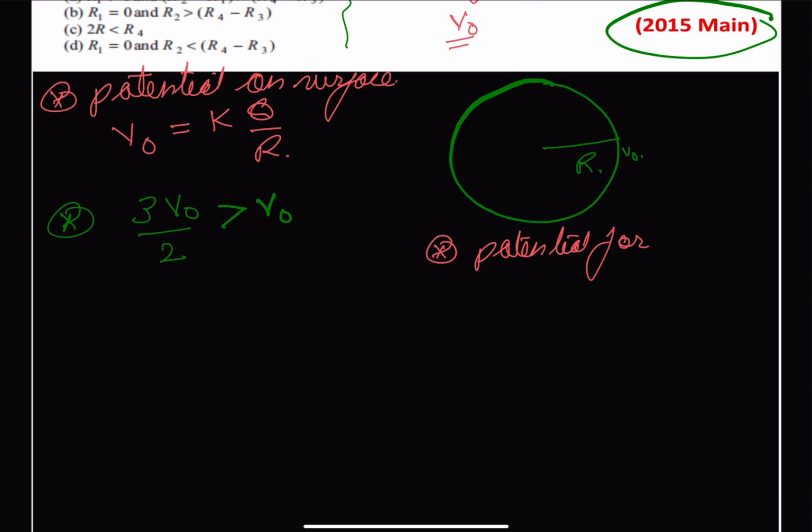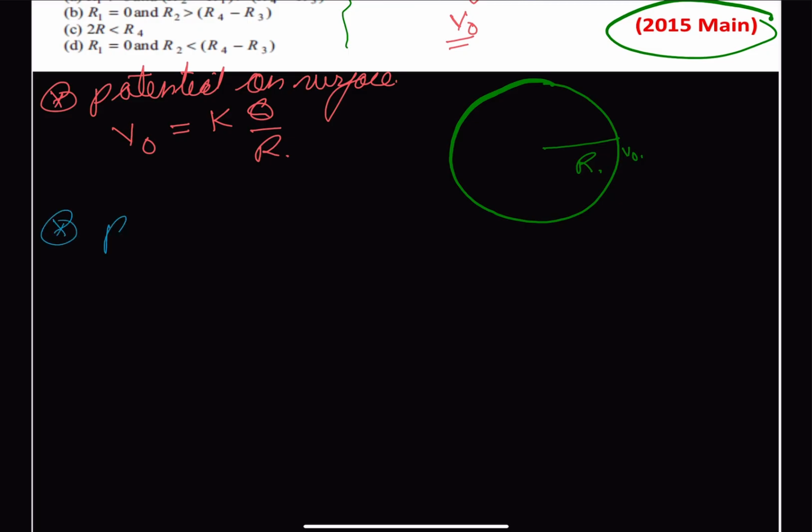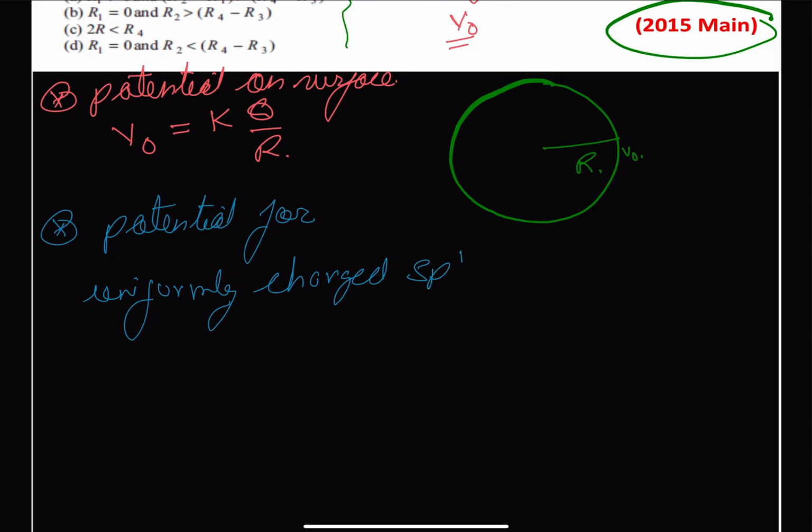Potential for a uniformly charged sphere.